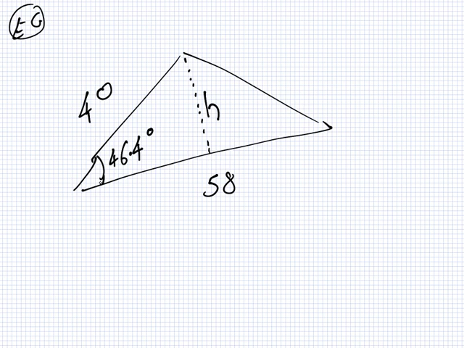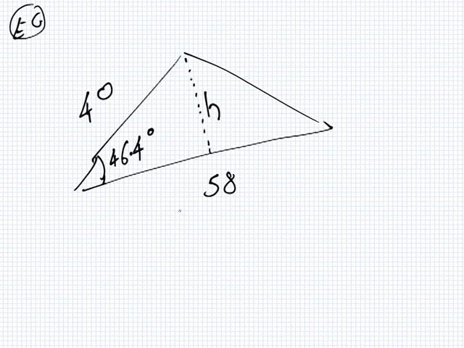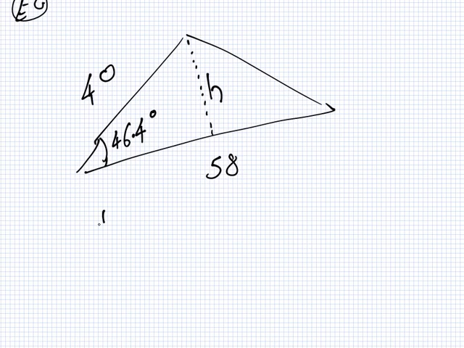Okay, do we have this? The trick here, now there's a few ways to do this one. If you want to use area, you could do it, because we know that the area is a half, 40, 58, sine 46.4.